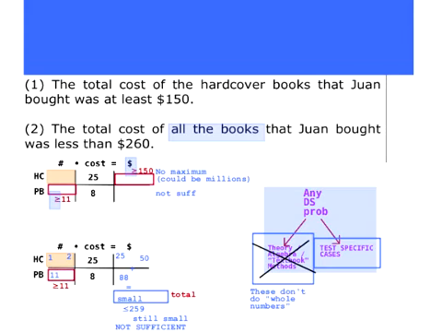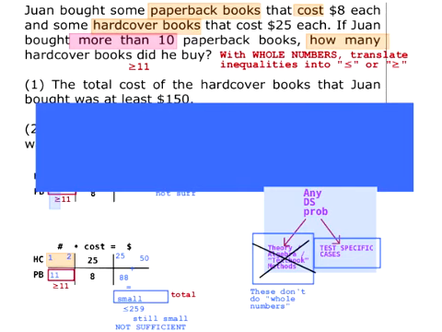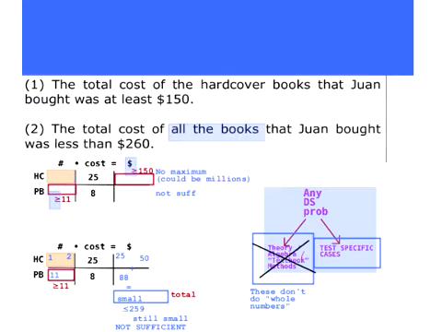The problem says he bought some hardcover books, so I wouldn't use 0, because if you bought some books, then not 0 books. You might not even use 1 because it says some books. If someone says some books is plural, so I'll make it at least 2, it'll still work. They're very good about that.